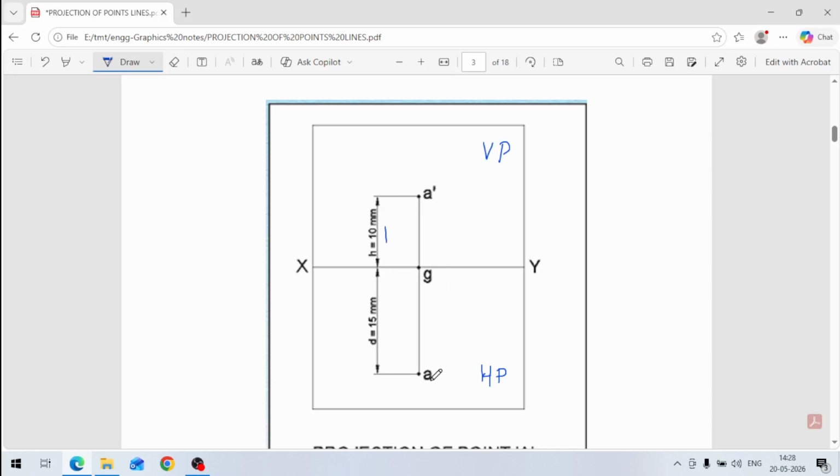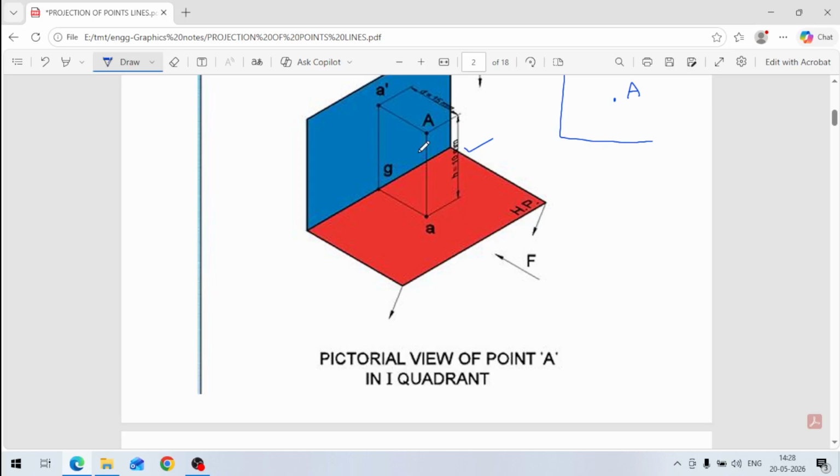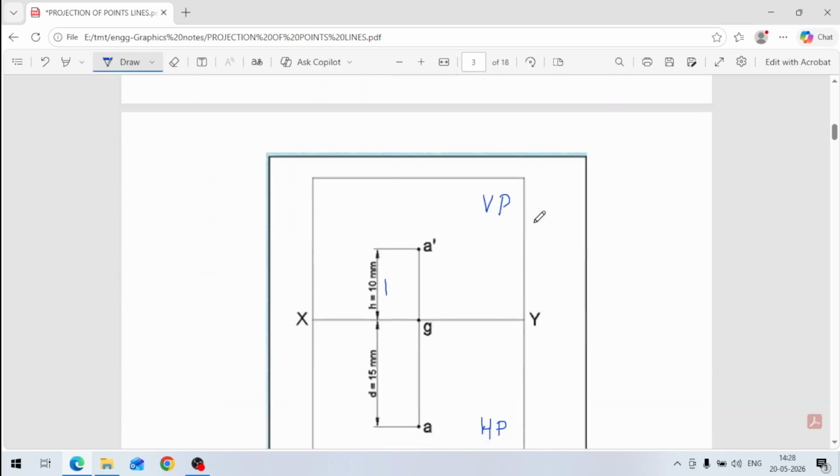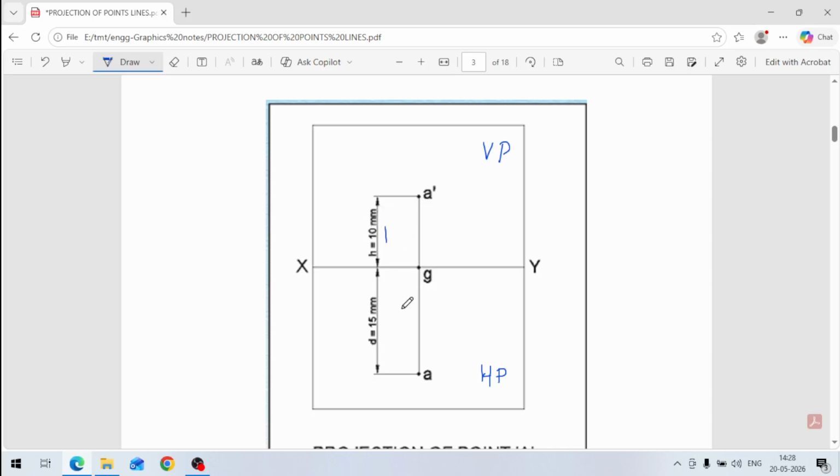A dash and A, these are the projections of the point, because this point is projected in this plane and also in this plane. This is our vertical projection here, and here it is the horizontal projection. So this 10 mm and 15 mm, these are the projections of the point, and it is in the first quadrant.